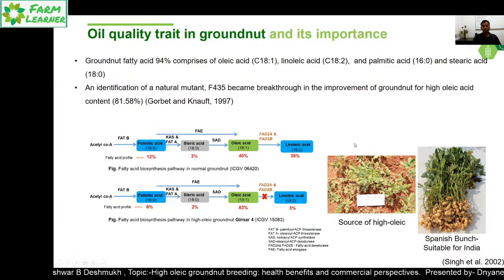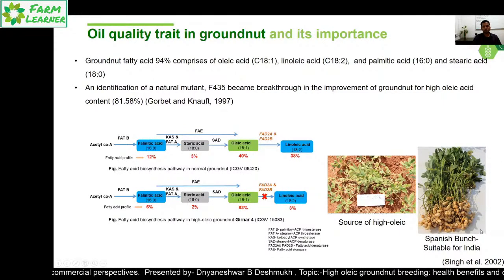But that was not the end of the oleic acid story. As it happened in other crops, when we introduce a particular crop for certain industrially or economically important trade, it has to be very suitable for our ecology. But if we look at this Sunlight 95, when we introduced it into India, it had spreading types and long duration, and it was not productive in India.